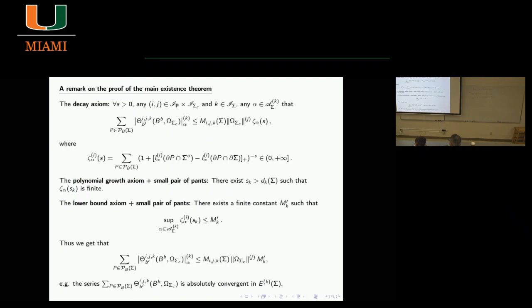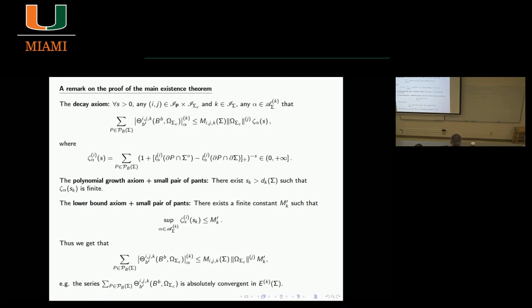Okay. And so here's the basic idea behind the proof. You start by using the decay estimate. And so you're saying that for all S bigger than 0, what you do is you take I for the pair of pants, J for the complement, K for the glued surface, grab a seminorm for the K-th guy on the glued surface, look at this absolutely convergent series of the sum of the norms.